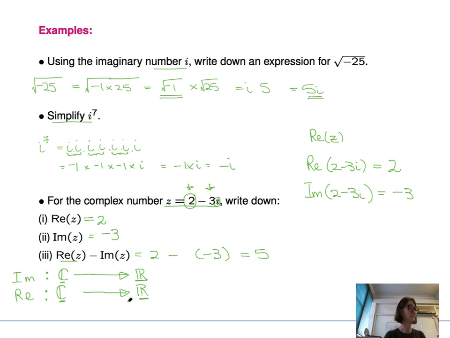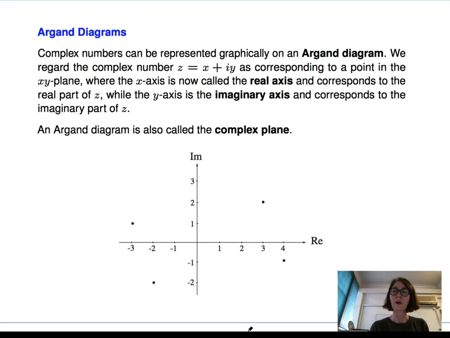The next thing we're going to look at is how we might sketch complex numbers in a plane. And so we've got this set up here. It looks a little bit like the XY plane that you're normally used to thinking about, but you'll notice that the axes are different. So instead of having an x real number along the horizontal axis and a y real number along the vertical axis, on the horizontal axis we represent the real part of the complex number, and on the vertical axis we represent the imaginary part of the complex number.